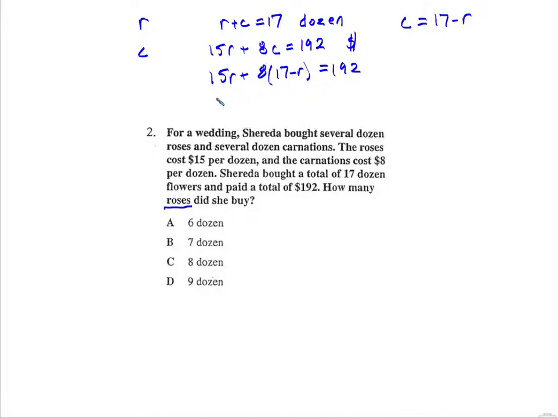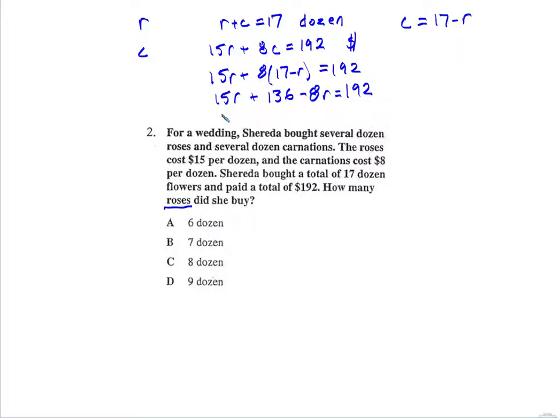Okay, multiply this through. I still have my 15r plus 8 times 17. Well, 8 times 7 is 56. Carry, it's 136. Minus 8r equals 192. Let me just double check that I did my math right. 56. 5 plus 8 is 13. Yeah, 136.